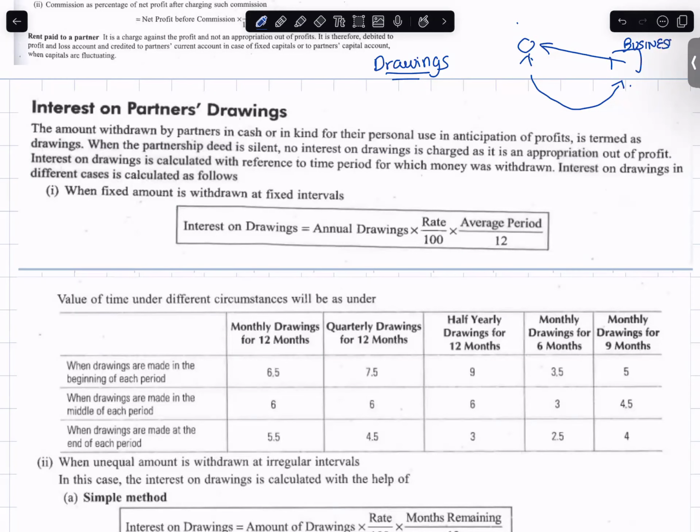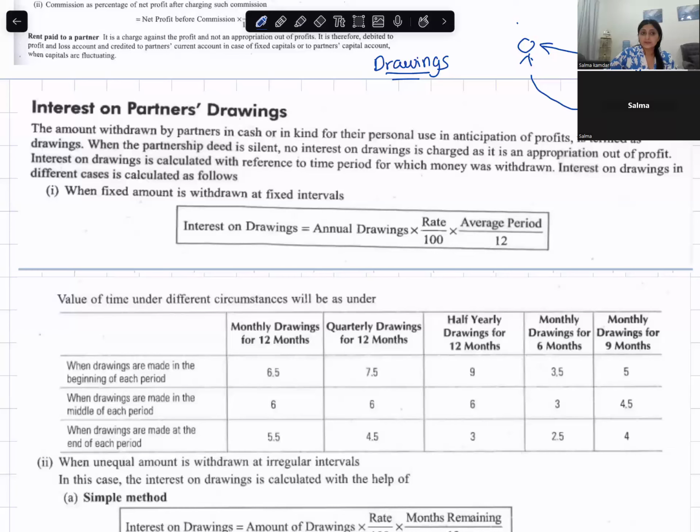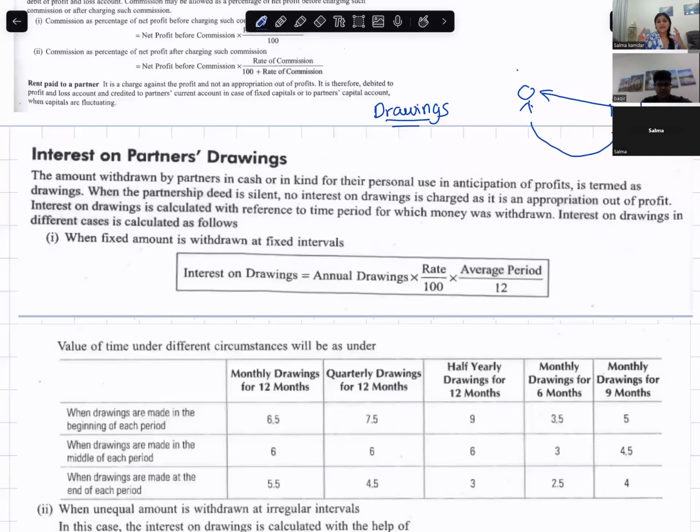If the owner is taking money from the business, I say it is drawings, correct? When the owner takes some money away from the business, that is called drawings.